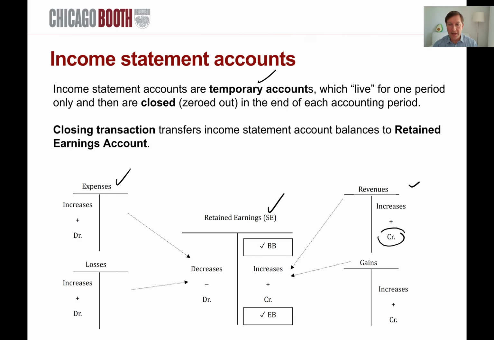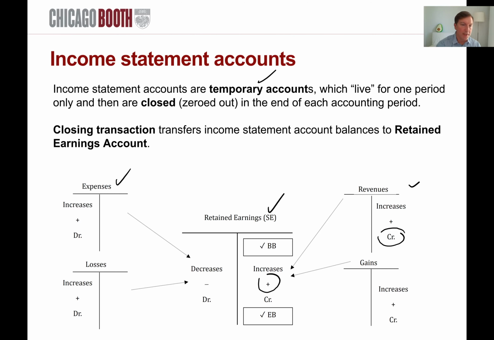And the reason for that is because all these credit balances tell us about an increase in the value of shareholders' claim, which is retained earnings, and retained earnings go up by the credit side, being a shareholders' equity account. Of course, for this reason, we also want to have revenues increase by the credit side, because all the credits to revenue accounts essentially are transferred to the credit side of the retained earnings account at the end of the period.